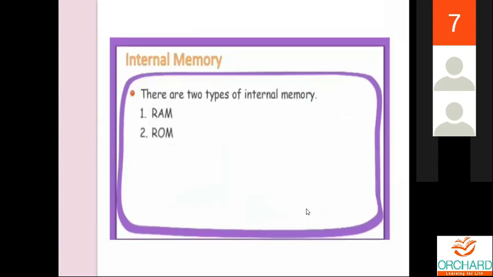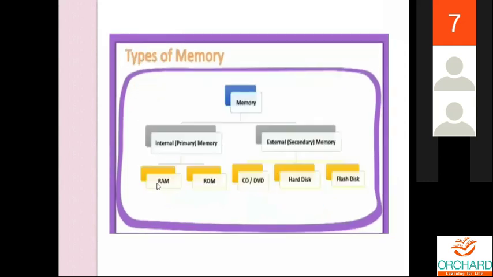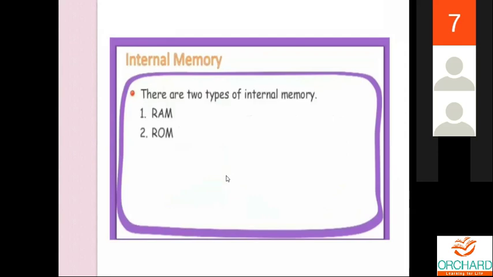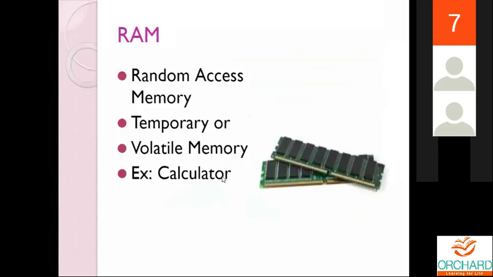Primary memory is again divided into two types, RAM and ROM. RAM stands for random access memory.